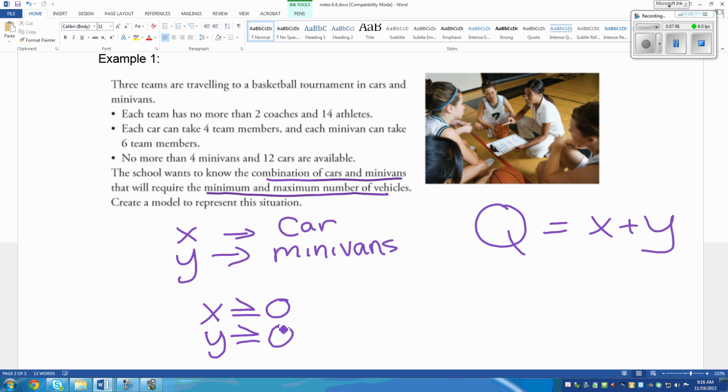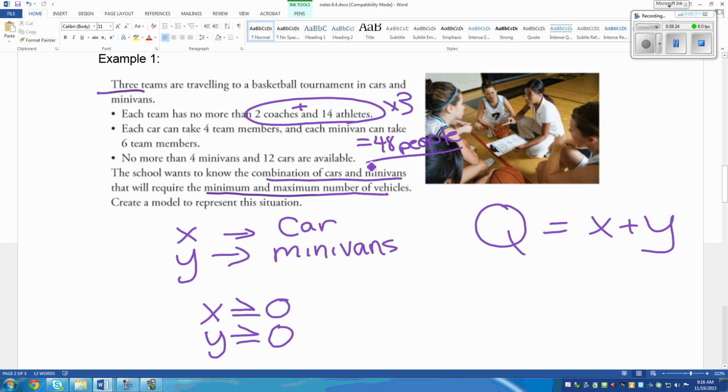So, each team has no more than 2 coaches and 14 athletes. How many people are we taking? 48. Okay, 2 plus 14, but we're timesing it by 3 because there are 3 teams traveling, right? So 48 people. That's the most that we are taking at most.